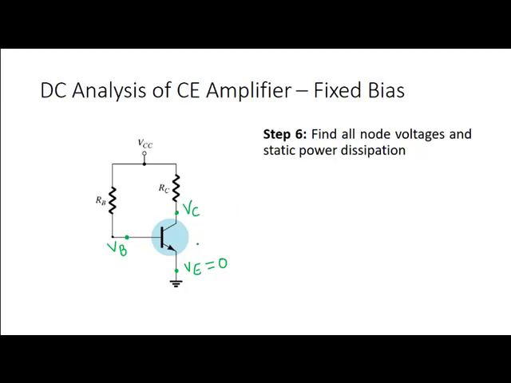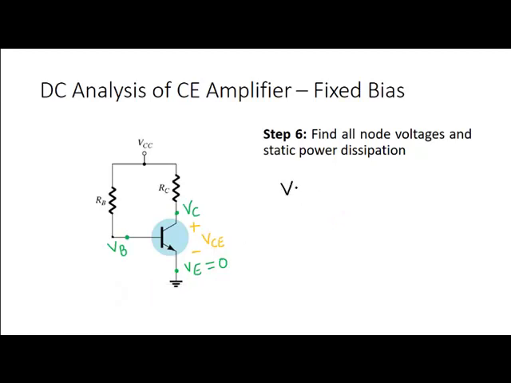Since we have found out VCE in the previous step, using the double subscript notation, we can find the node voltage VC.